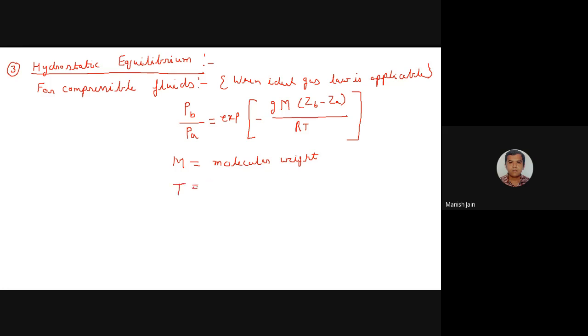T is the temperature, absolute temperature in Kelvin or Rankine. Okay, and R is the gas constant. Other parameters are same as we have defined in the previous equation. Okay, now this is also called the barometric equation.